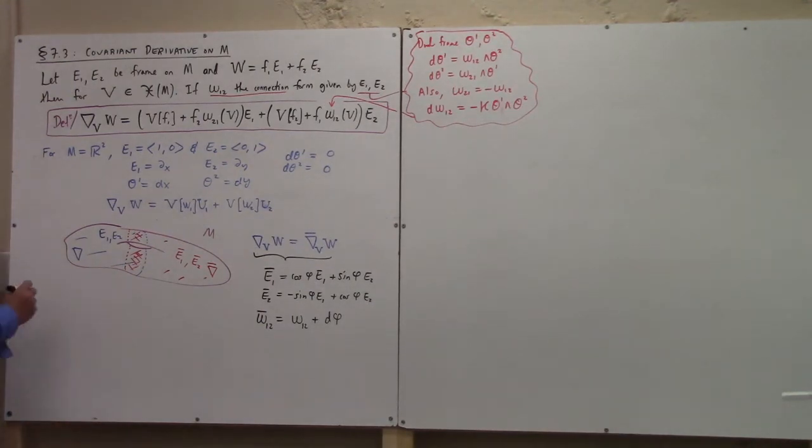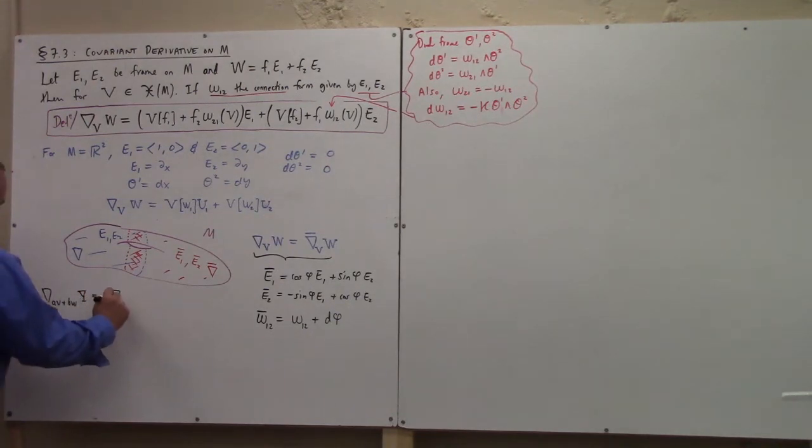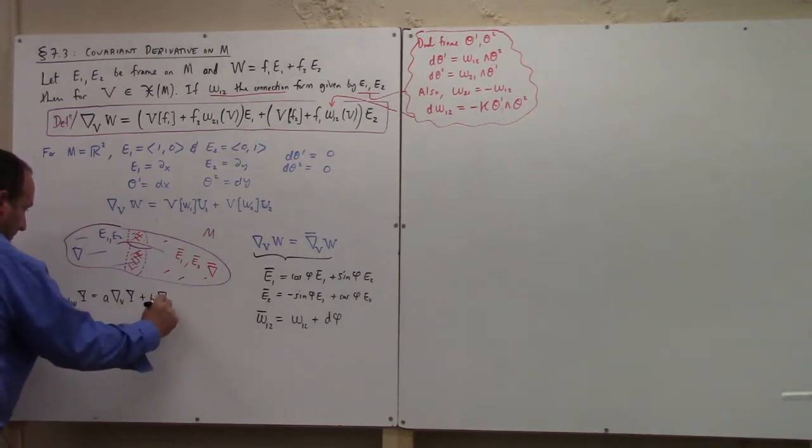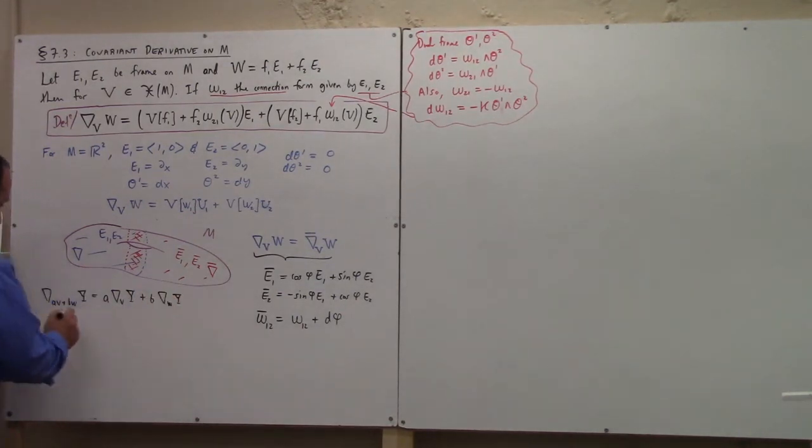So the properties are: the covariant derivative of AV plus BW acting on Y is A times the covariant derivative of V acting on Y plus B times the covariant derivative of W acting on Y. So it's linear in that sense. And it's also linear in the following sense.